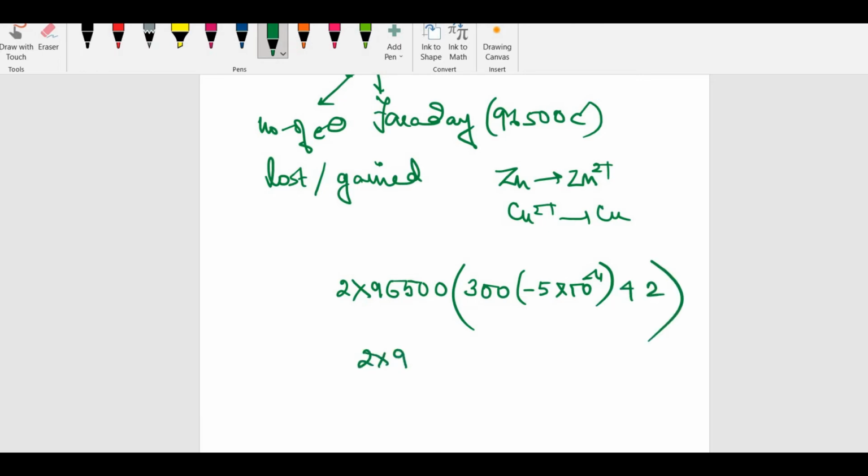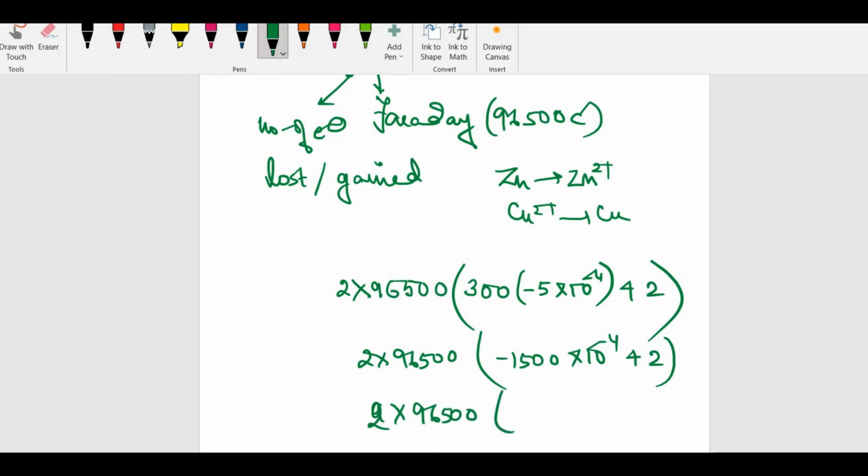So let's just calculate this. What would you get? You will get minus 1500 into 10 to the power minus 4 plus 2, into 2 into 96500. 15 into 100, so that should be 10 to the power minus 2. 15 divided by 100 would be 0.15, right? So minus 0.15 plus 2.